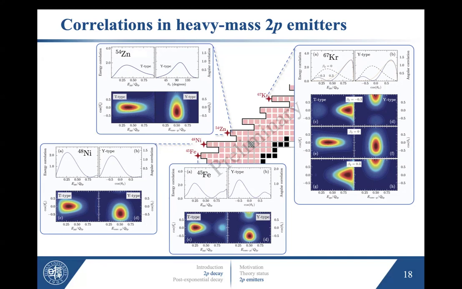So we really anticipate future experiments that can measure the nuclear correlations in this region, and let us find out the inner structures and decay properties in these regions. And this is basically for the heavier mass two-proton emitters.